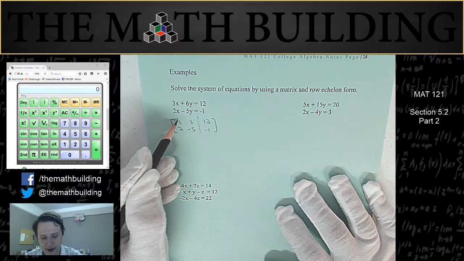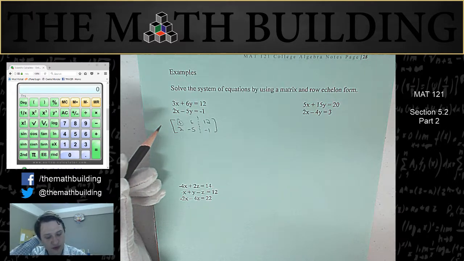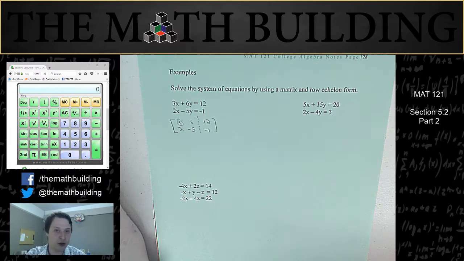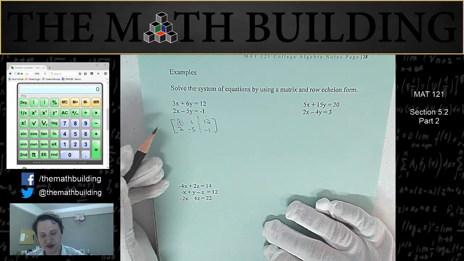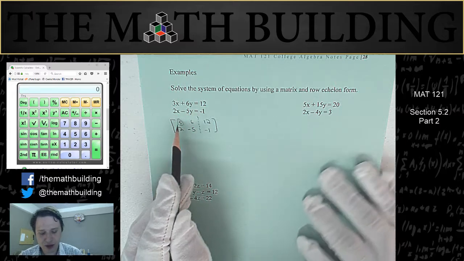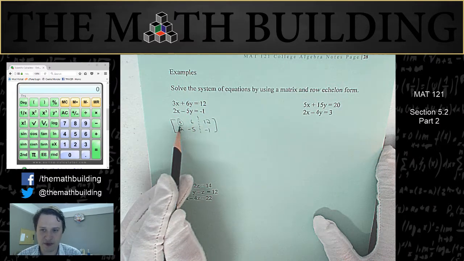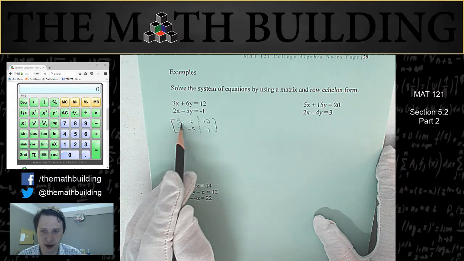So here's the first goal. Goal number 1 is to turn this number into a 1. If it's already a 1, you're good to go and you can go straight to the next section. If it's not a 1, we need to figure out how to make it a 1. There are two things we can do. You can divide the top row by this number, because if I divide the top row by 3, I'll get a 1 here.